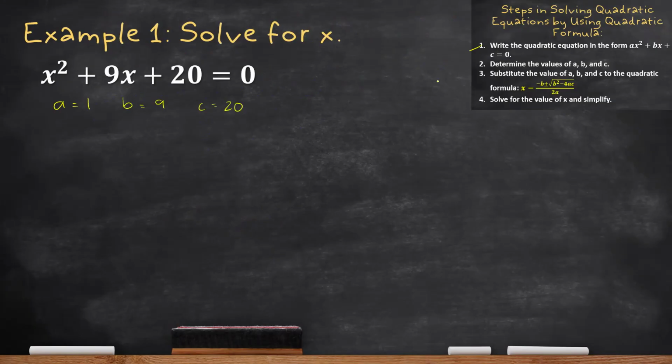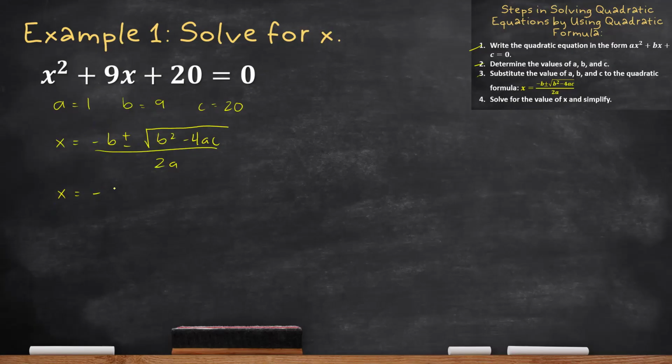Then after that, step 3, substitute the values of a, b, and c to the formula. So again, the quadratic formula is x is equal to negative b plus or minus the square root of b squared minus 4ac all over 2a. So we're going to have now x equals negative b. What is the value of b?